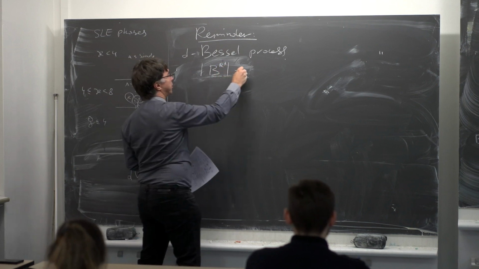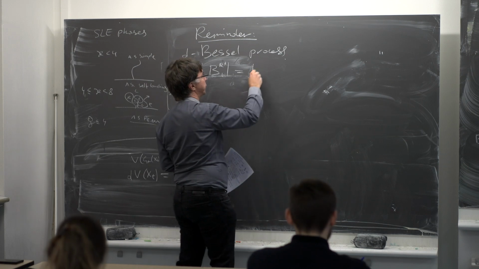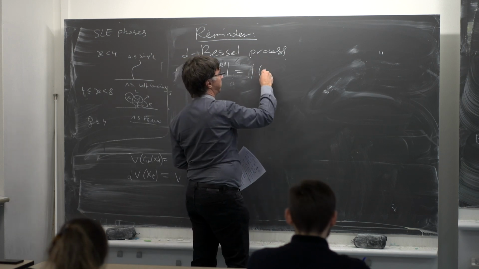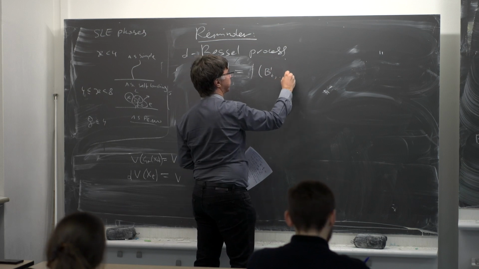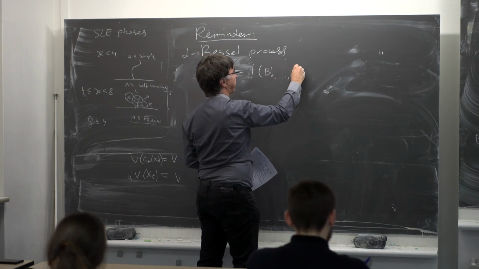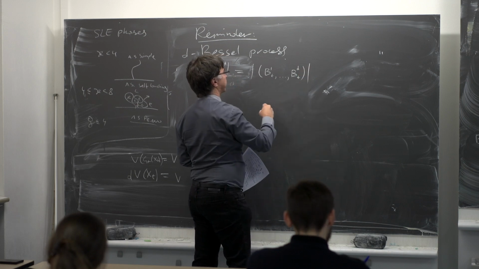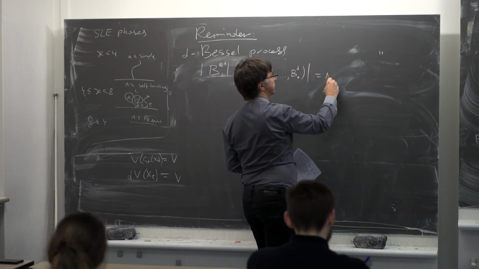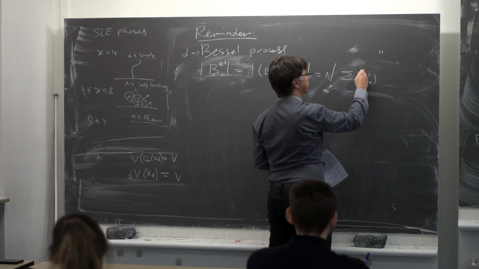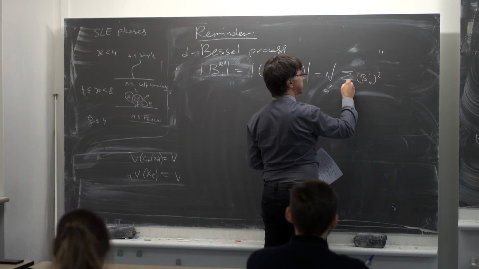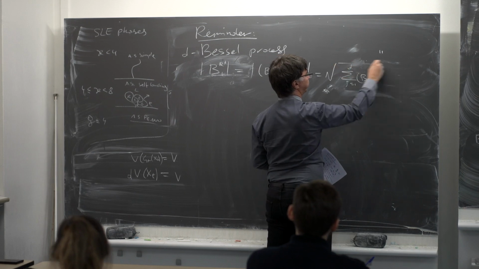So what is the Brownian motion in R^d? Well, Brownian motion in R^d is the independent collection of d Brownian motions. And the absolute value is just the square root of the sum of B_j(t) squared, j from 1 to d.